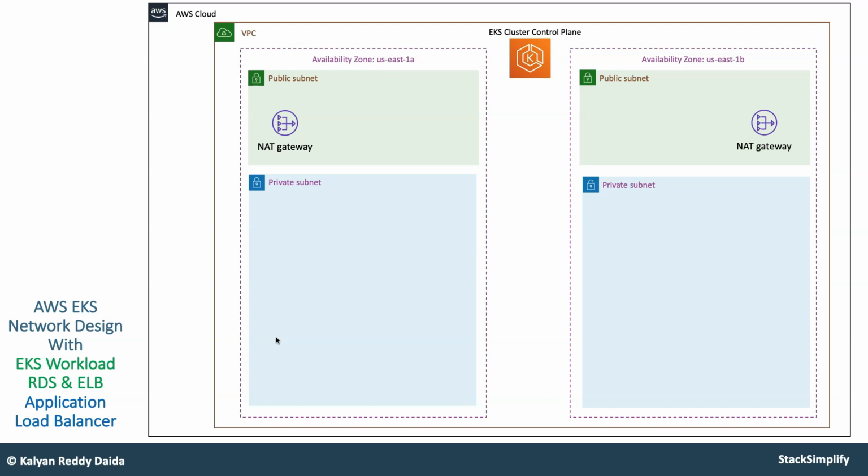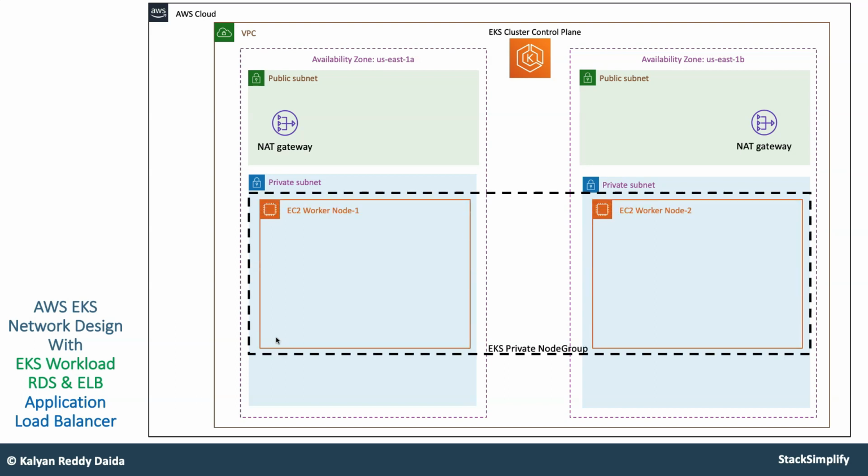All these things get created automatically whenever we create the EKS cluster. After that, we create our worker node group, a private node group in the private subnets. It creates 2 worker nodes, worker node 1 and worker node 2, in Kubernetes. These worker nodes communicate with the cluster control plane using the NAT gateways present in the public subnet.